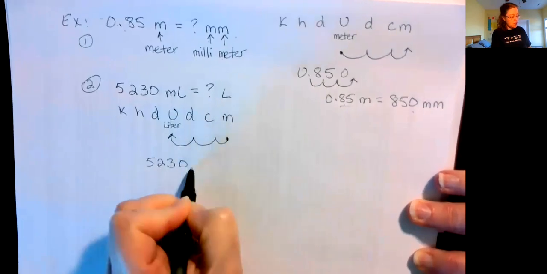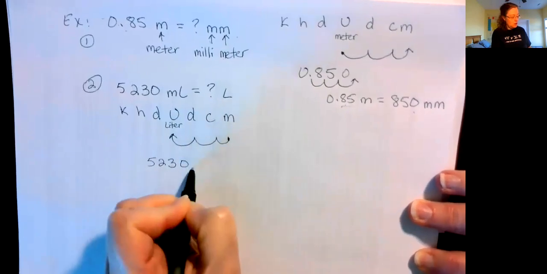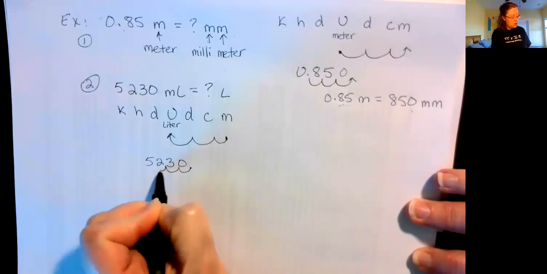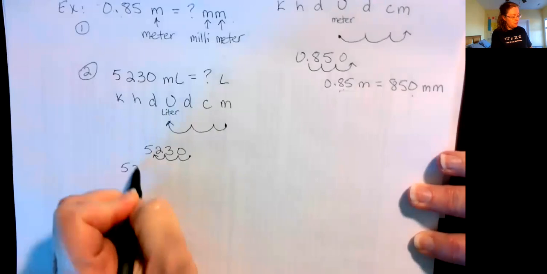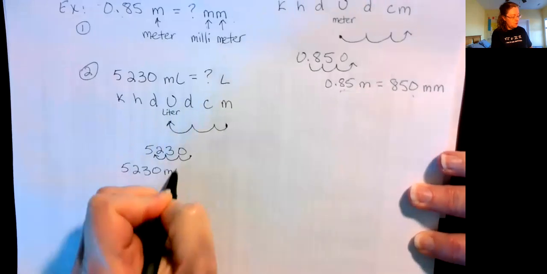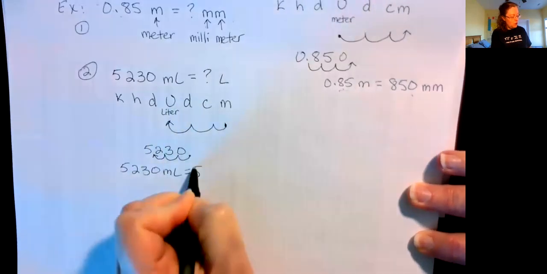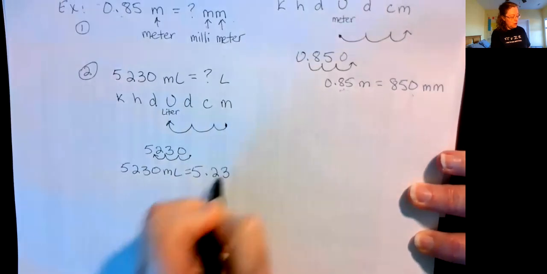There's an invisible decimal at the end of it. 1, 2, 3 places to the left means that I now have 5.23 liters.